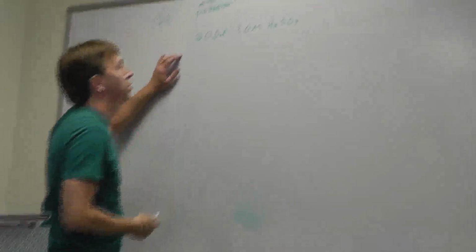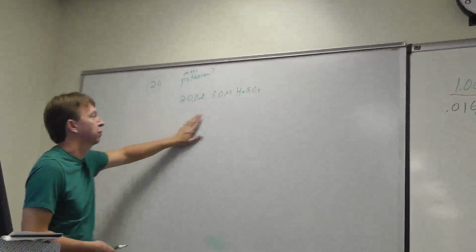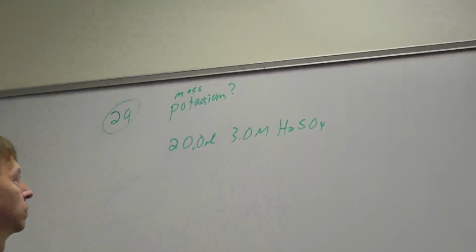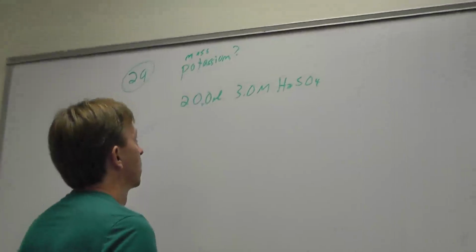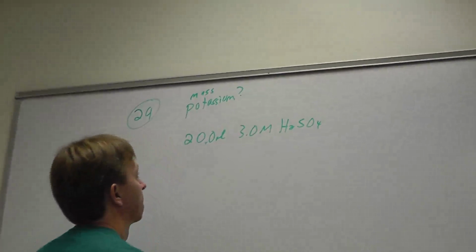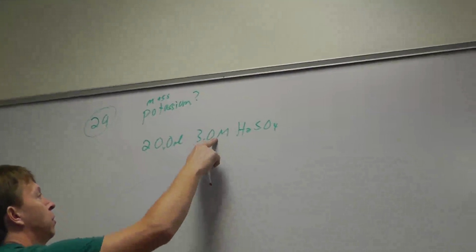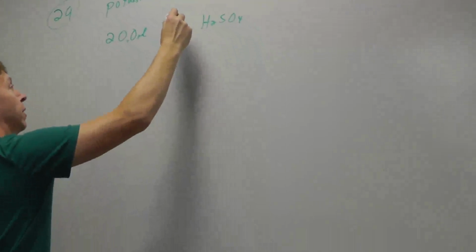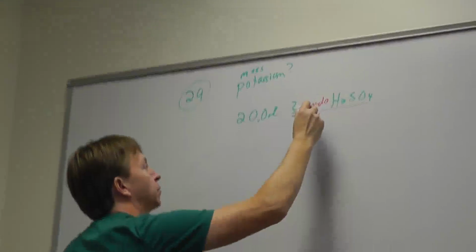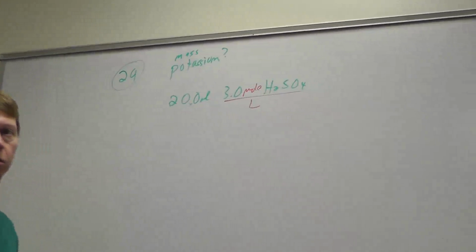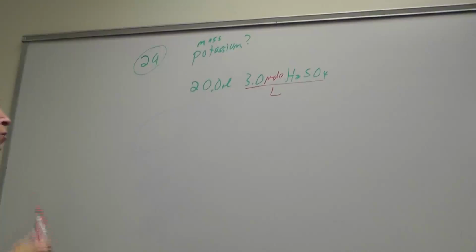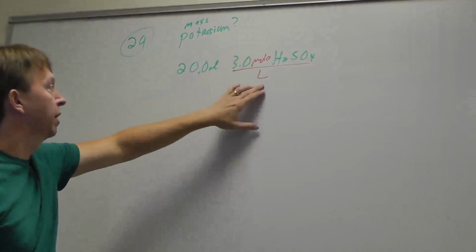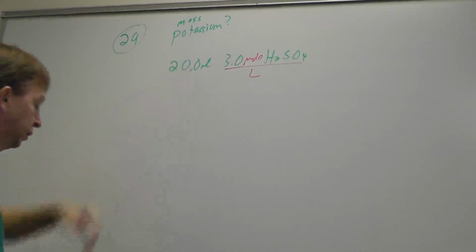We want to know what mass of potassium would be reacted by 20 milliliters of 3 molar H2SO4. The first thing to do is unabbreviate your molarity. Capital M molarity is moles per liter. That gives us a mole part and a liter part, and the liter part's going to cancel.